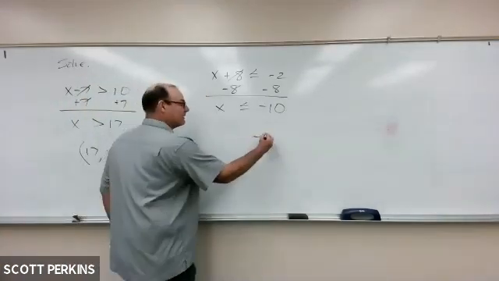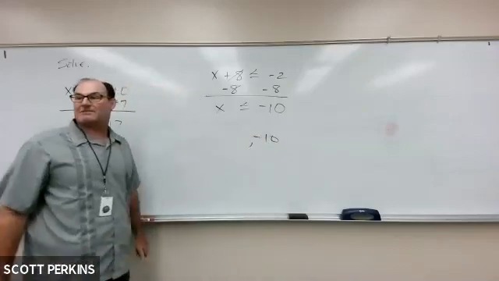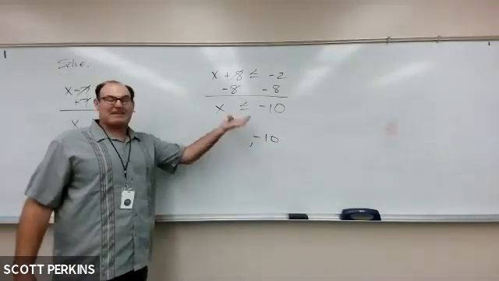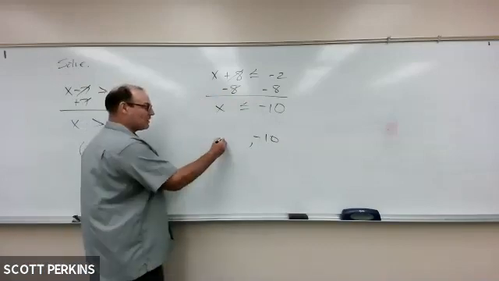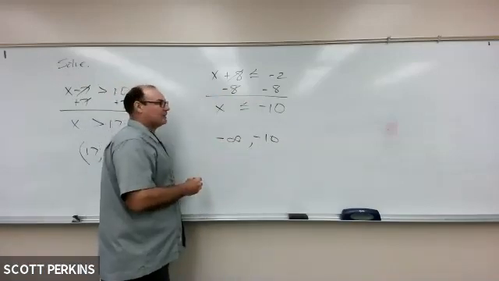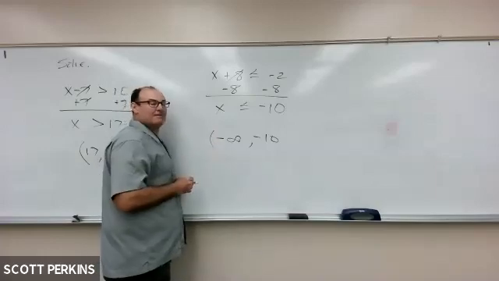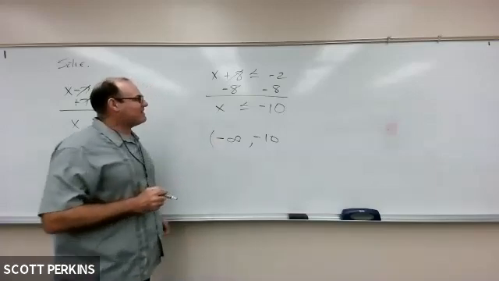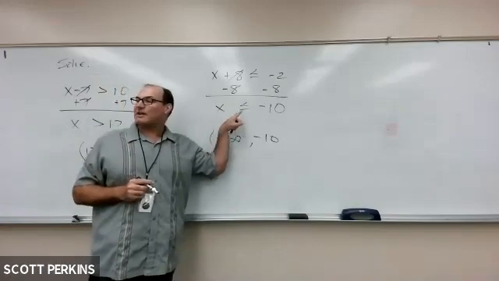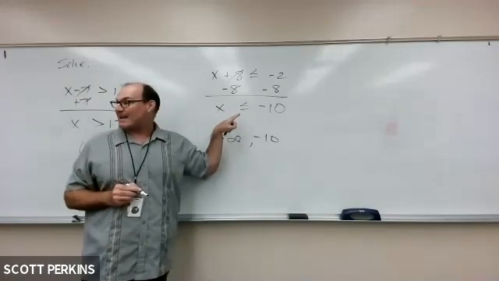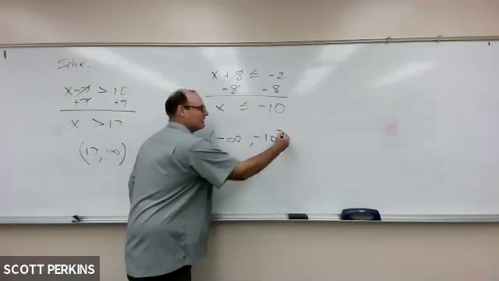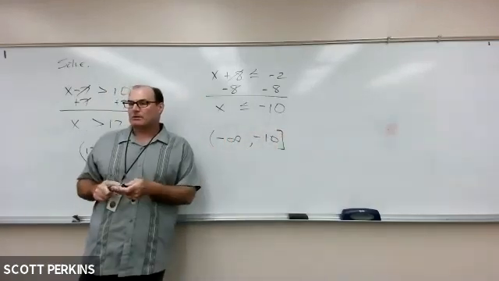Highest. If everything is below that, -10 is the highest value. I'm not given a lowest end of this interval, so -infinity. I always and every time, no tricks, no gimmicks, put a parenthesis at the infinity end. And this time, what am I going to put according to the sign at the -10 end? Perfect, thank you. Love the confidence.